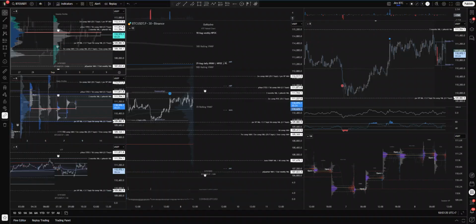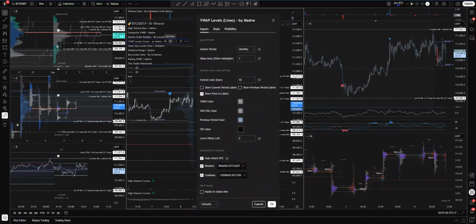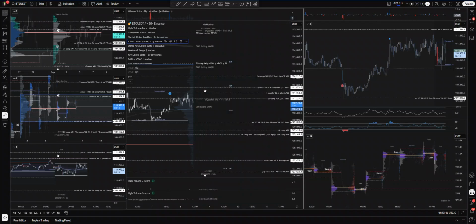Let's see what the developing quarter is confluent with. Oh, it's a composite. Okay.